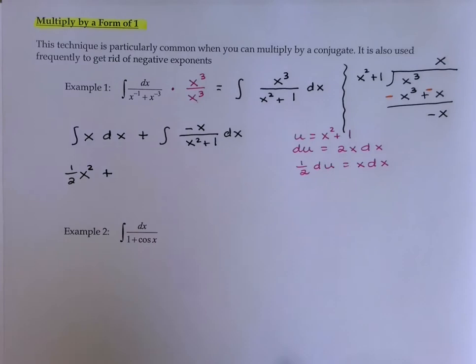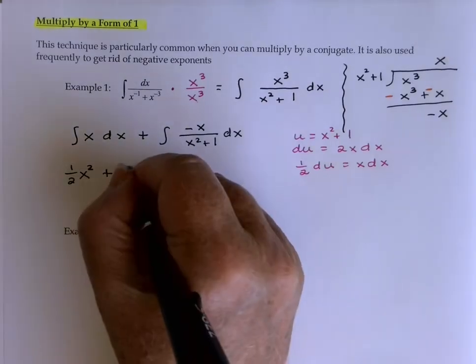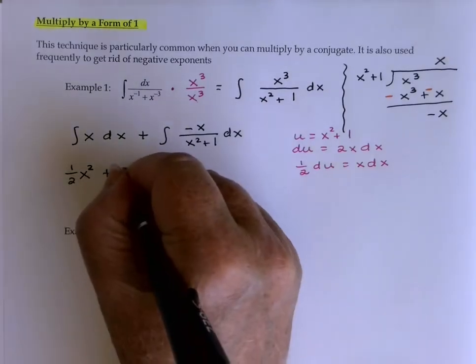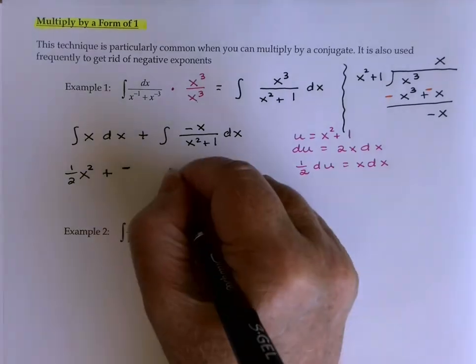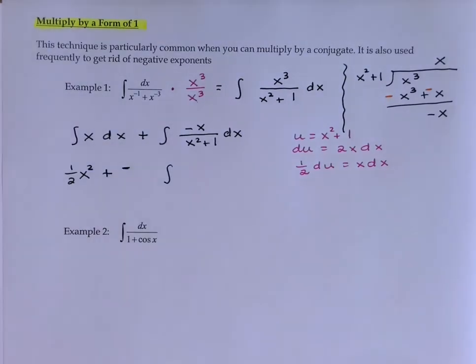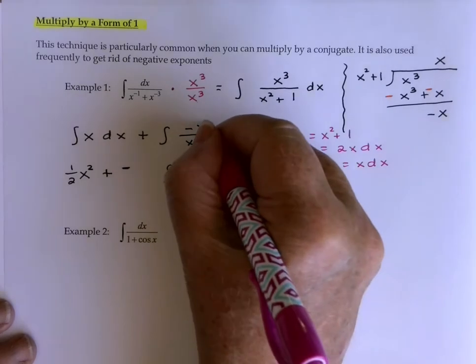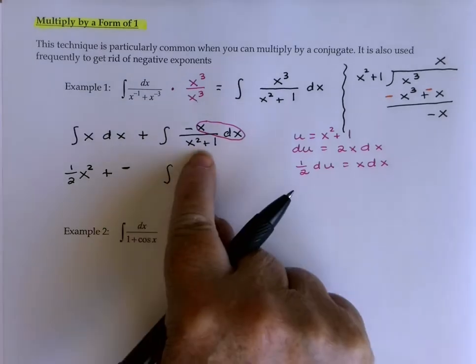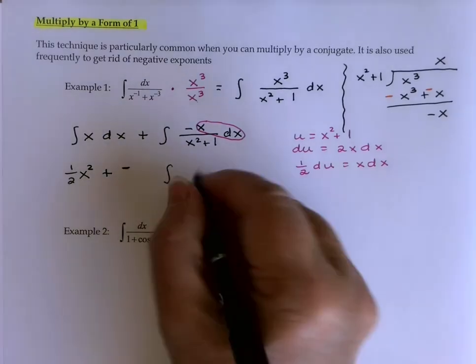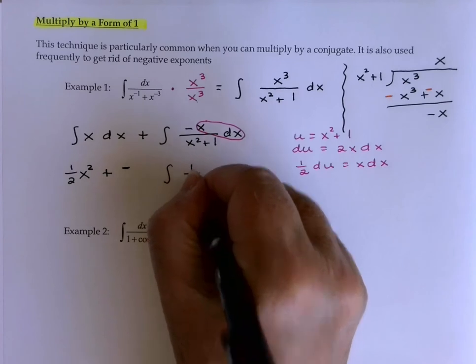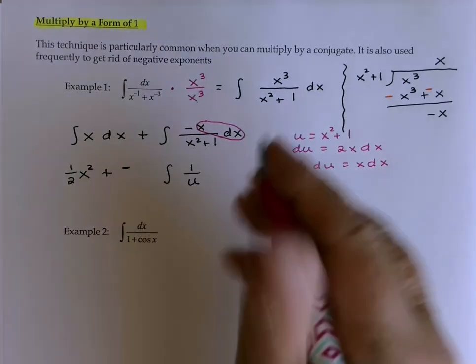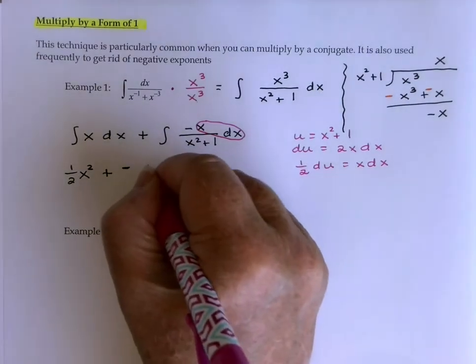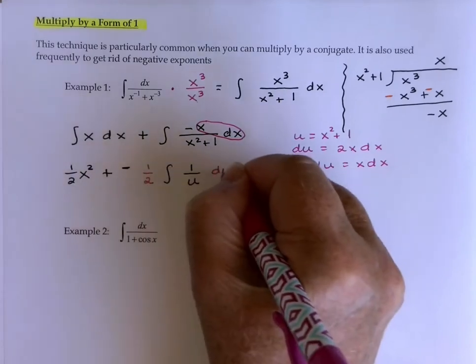So I'm going to do a couple things here. I'm going to pull that negative out. Probably should have just made that a minus, but I'll do that in the next step. And then my x dx is going to become the 1/2 du in just a moment. That x squared plus 1 is in the denominator, so I'm going to make that a 1 over u. And then here we go, replace the x dx with a 1/2 du.